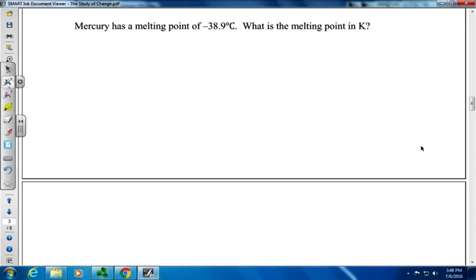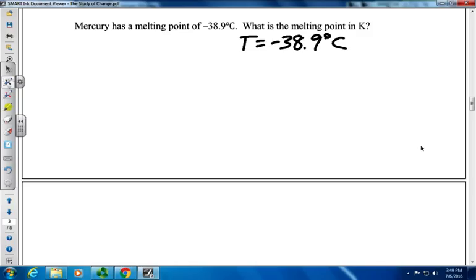Well, let's look at what we know. We know that temperature is negative 38.9 degrees Celsius. When you're converting to Kelvin from Celsius, you're going to want to add 273.15 to the temperature value.